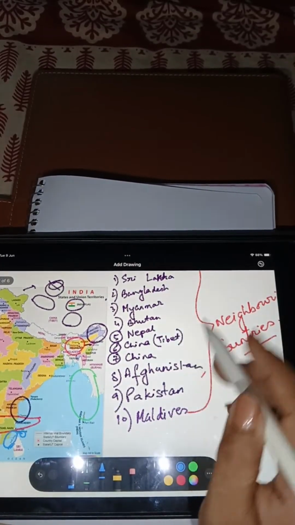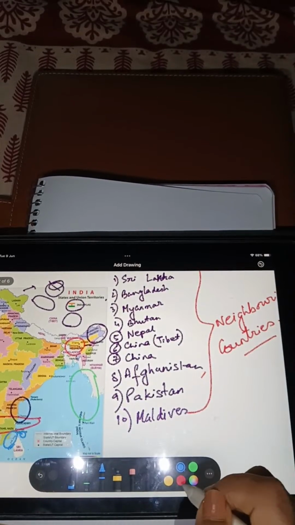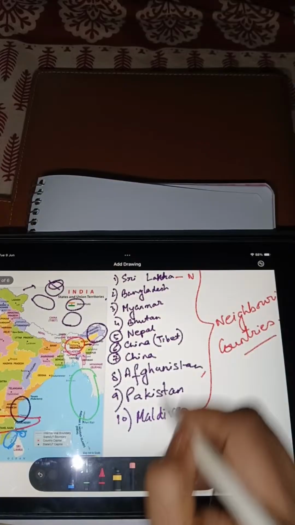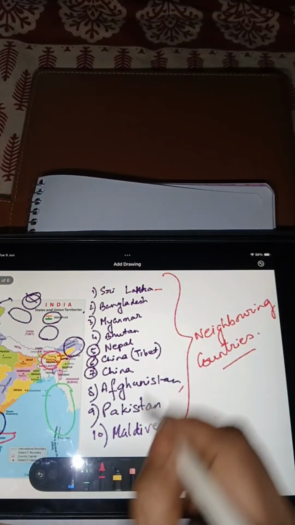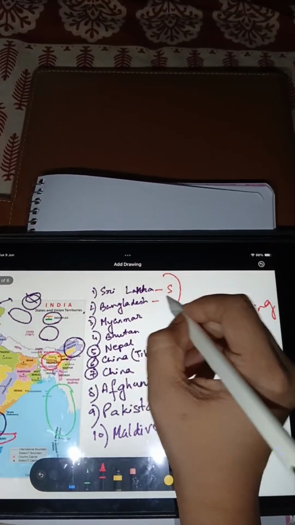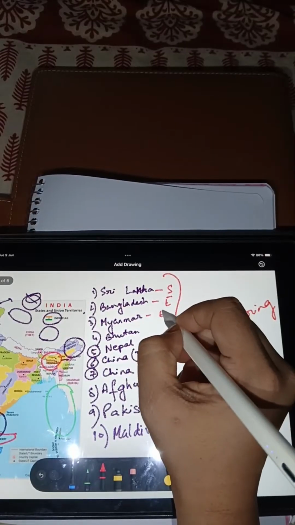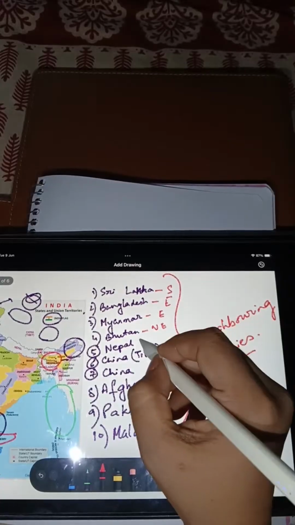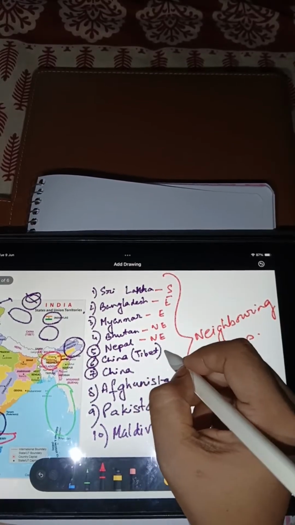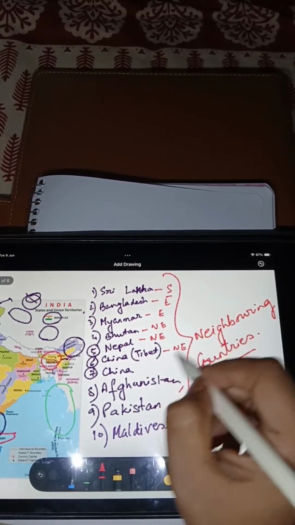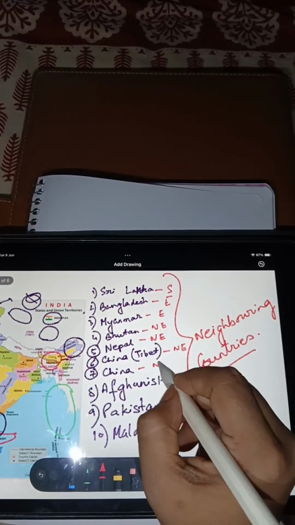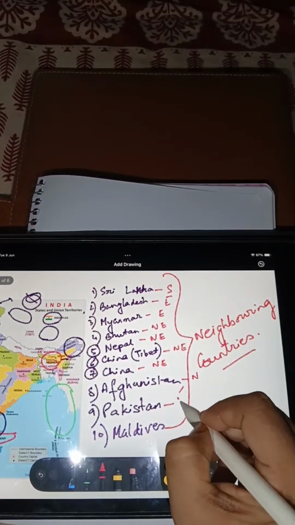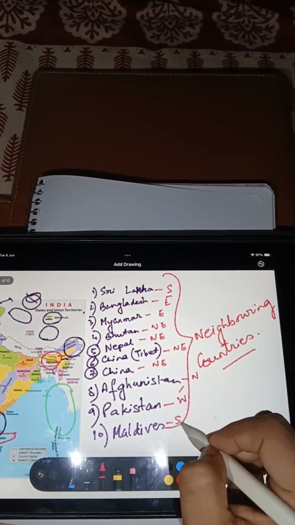So to sum up the neighboring countries: Sri Lanka is located in the south, Bangladesh in the east, Myanmar in the extreme east, Bhutan in the northeast, Nepal in the northeast, China in the northeast, Afghanistan in the north, Pakistan in the west, and the Maldives again in the south.